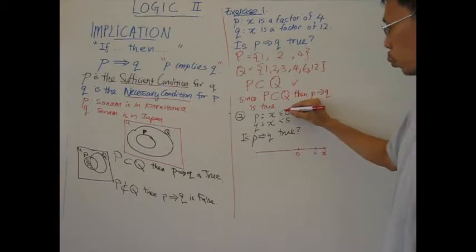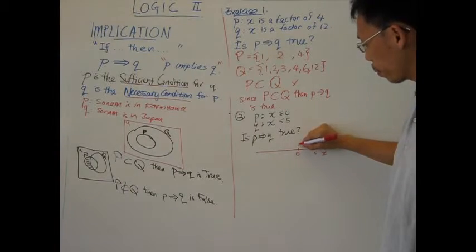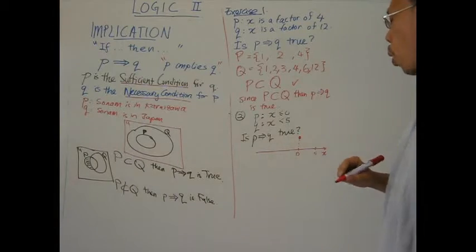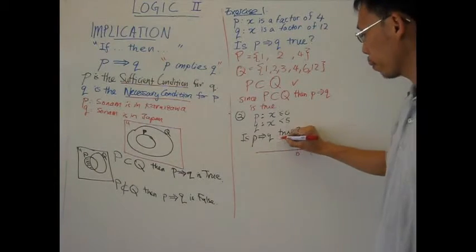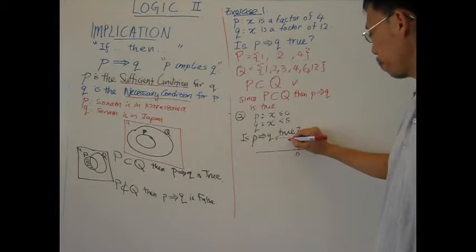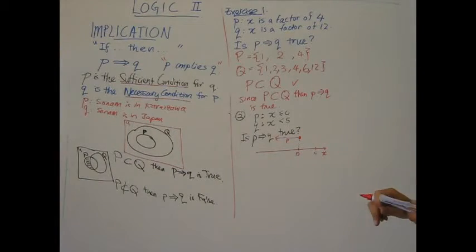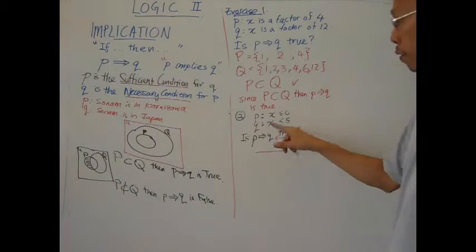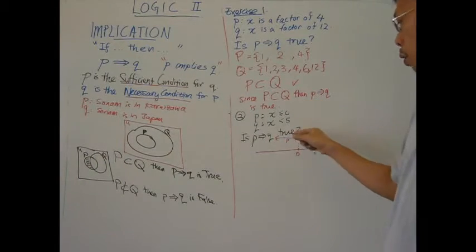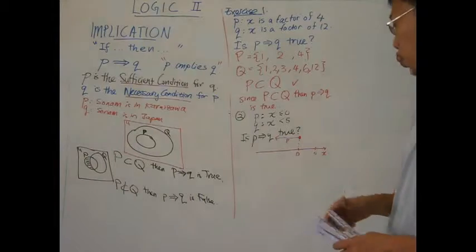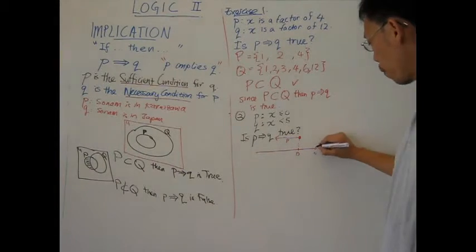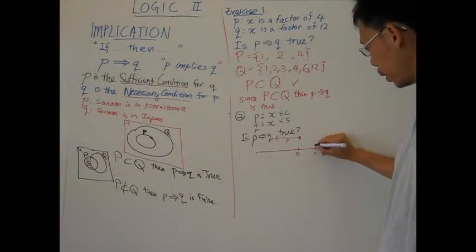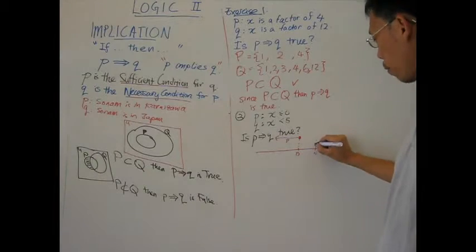For example, P is like this. Closed circle because it's including. That's capital P. And that means all the x values that satisfy this condition P, that is, x must be less than or equal to 0. And for Q, this is an open circle because it's not including 5.